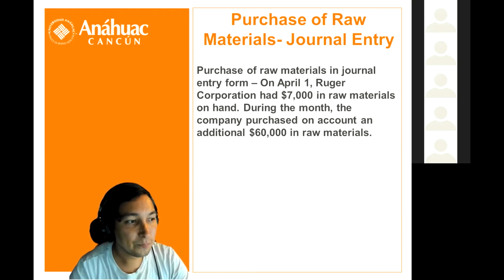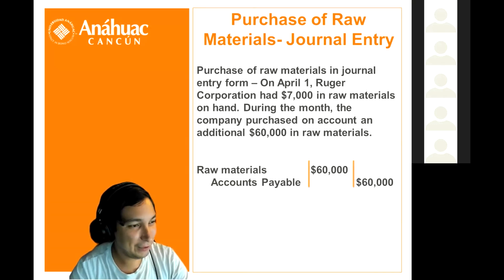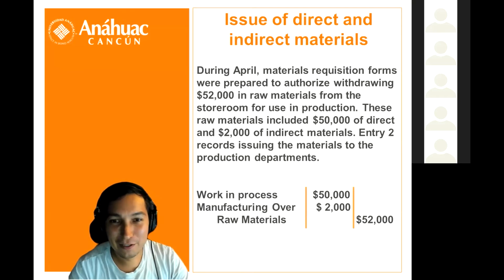Who can tell me what's the entry for that? Perhaps credit suppliers, and debit your inventory. For how much? For 60,000. Excellent. Correct. Very good.